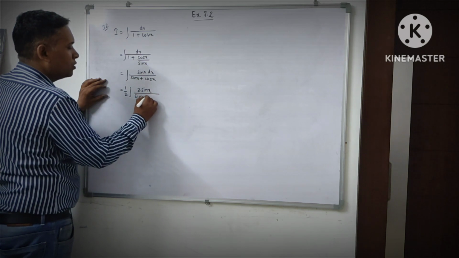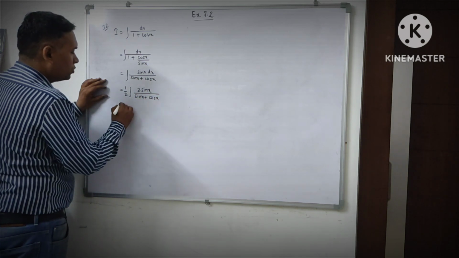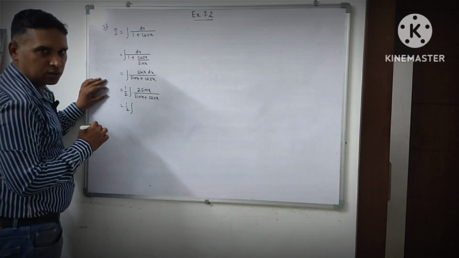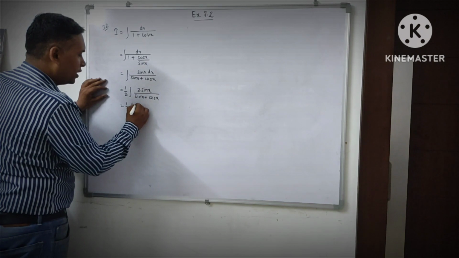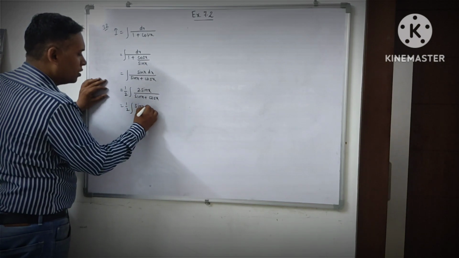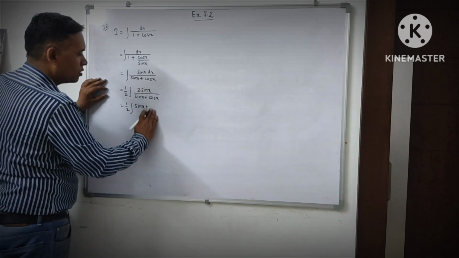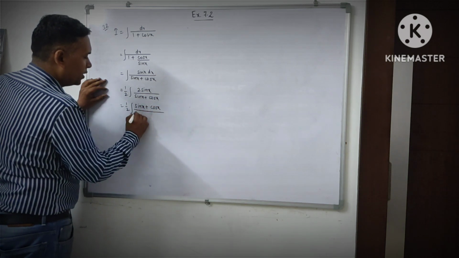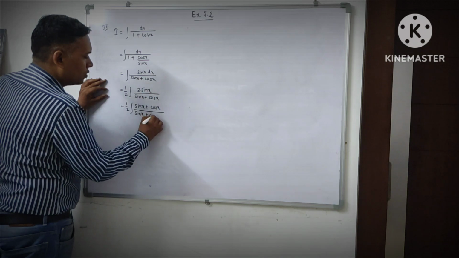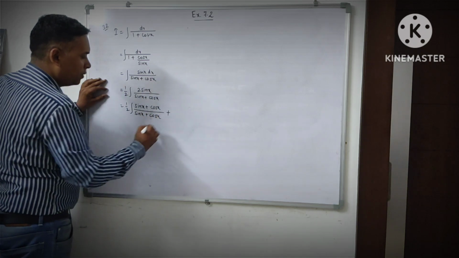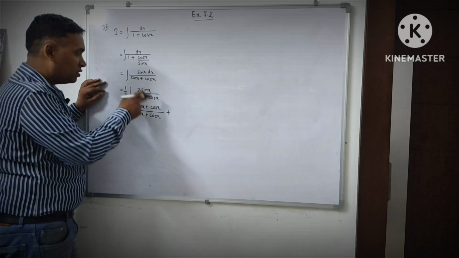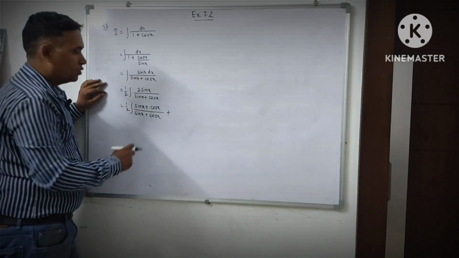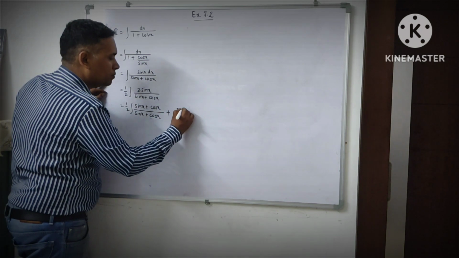Denominator copy paste. Now if I go through the question, in the denominator I have sin x plus cos x. So what can I do? I am writing this as sin x plus cos x to be divided by sin x plus cos x plus, actually in the previous step 2 sin x was there and here I wrote only sin x, so I am writing again sin x.